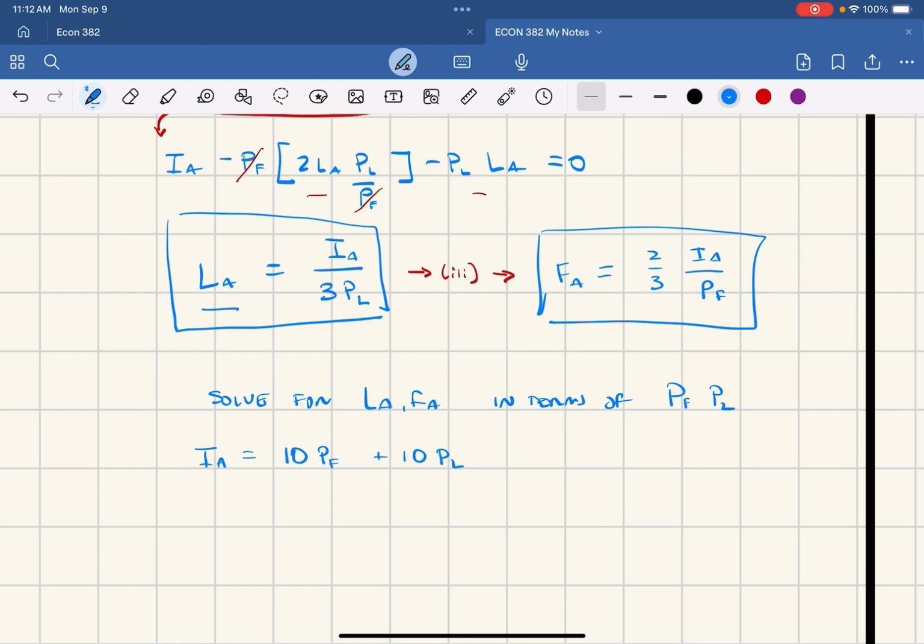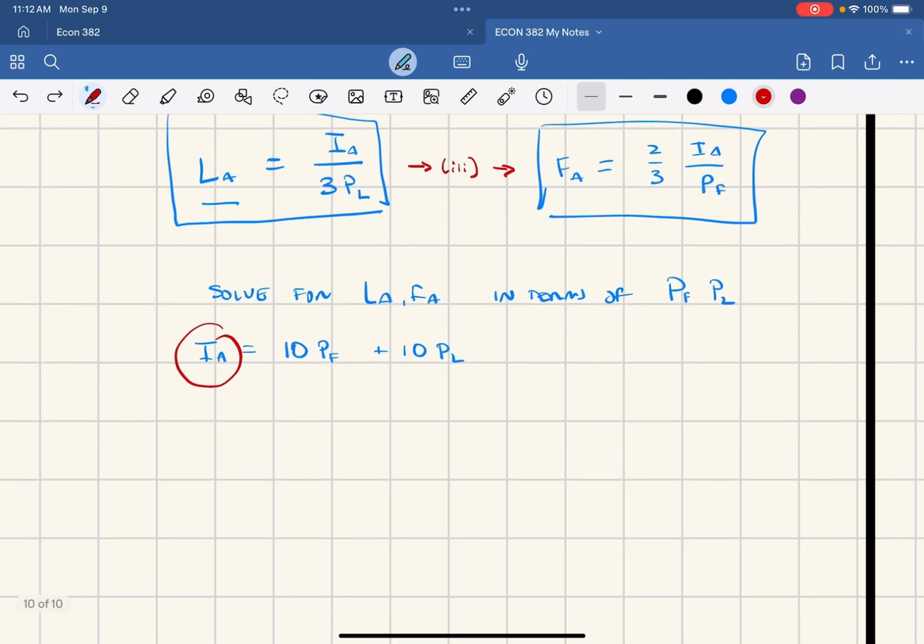Right? And so this is going to be helpful for us because now we can take this income of Adam, which is a function of prices, and plug that into the income above.